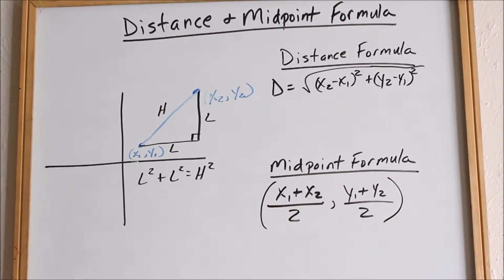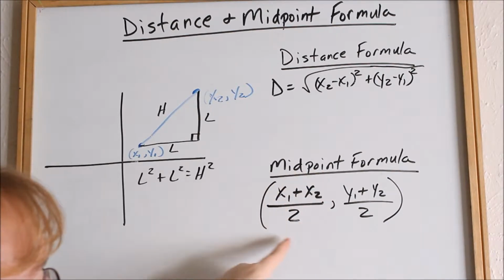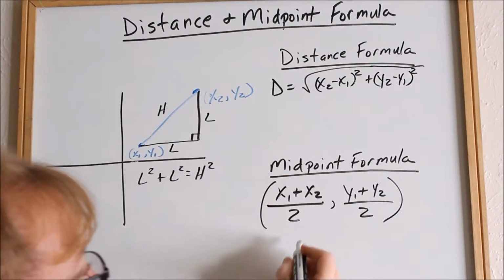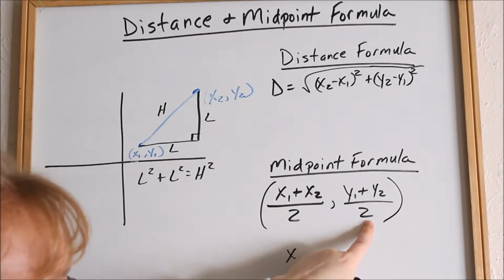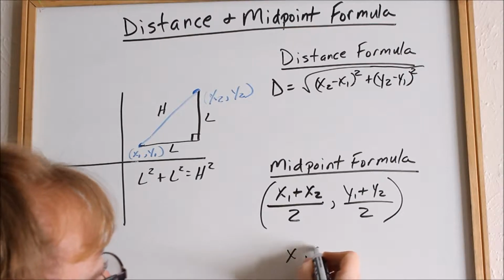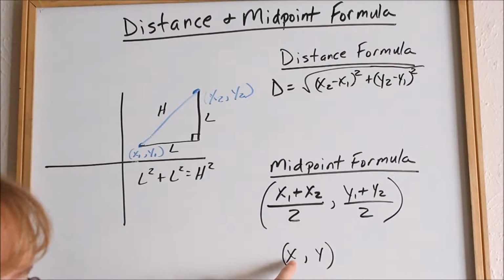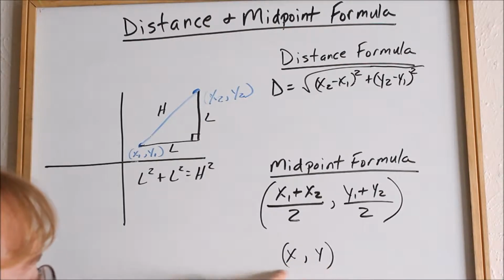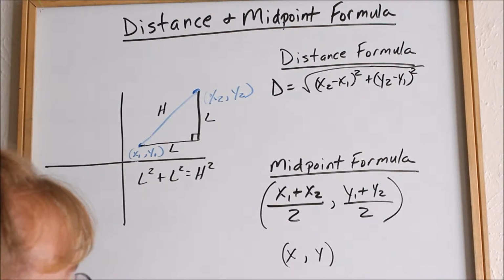Once you take the average of your x-coordinates, that gives you one specific x-coordinate. When you take the average of your y-coordinates, that gives you a y-coordinate. So each of these values gives you an x-coordinate and a y-coordinate, and this point will be the midpoint between your 2 coordinates.